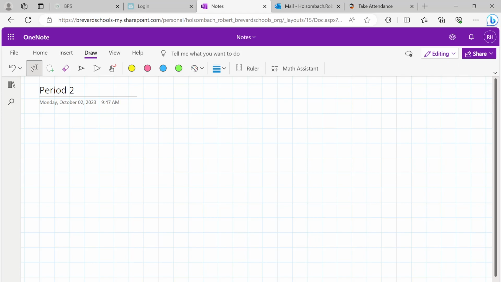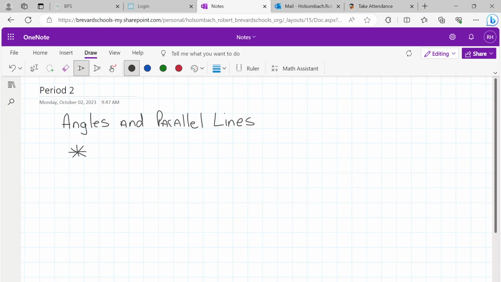All right, on page 180, we're going to talk about angles and parallel lines today. And we've got a couple of rules to talk about first.